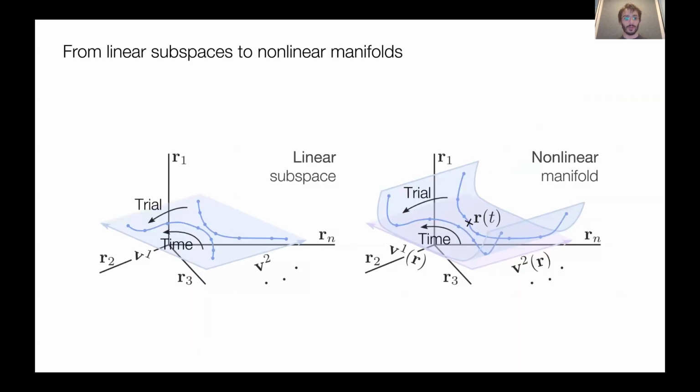And one way people have been doing this is by extending this low-dimensional subspace view to nonlinear manifolds. So instead of representing the data onto a low-dimensional subspace, represent the data onto a nonlinear, curved manifold.